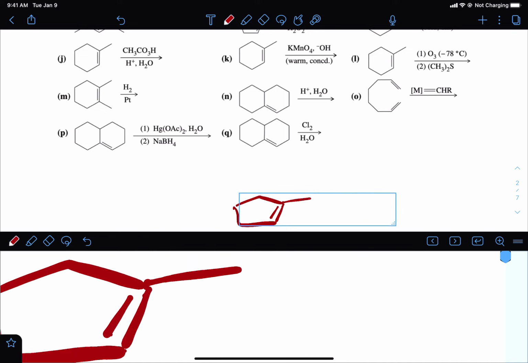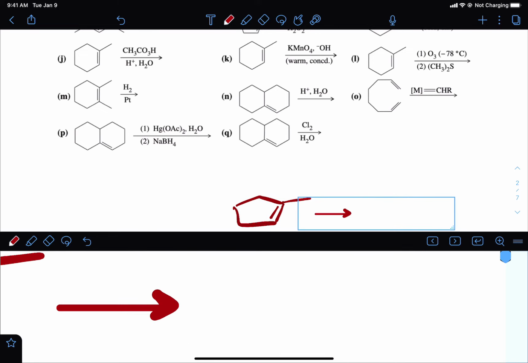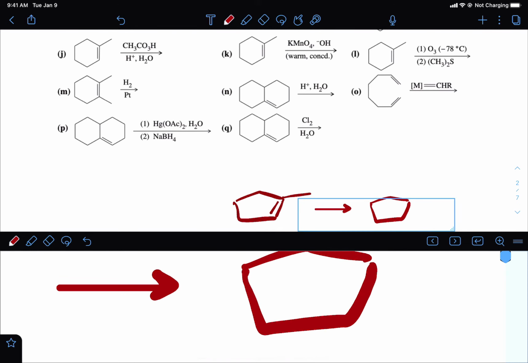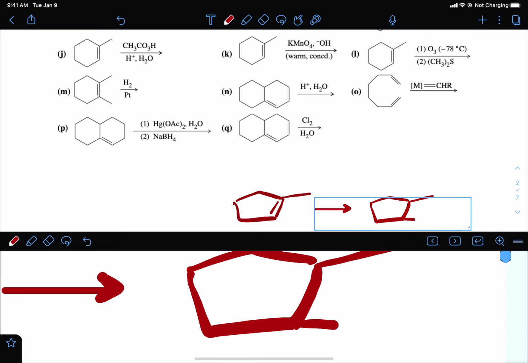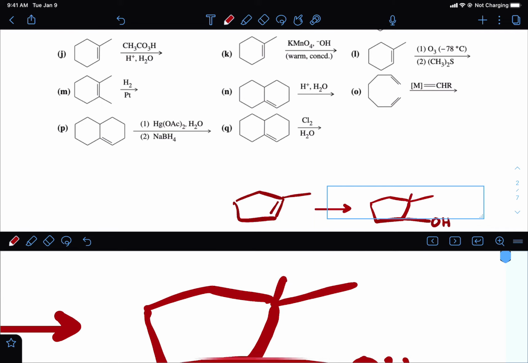There's our alkene. We're going to put the OH at the anti-Markovnikov position, which is there. Okay. The H goes onto the carbon with the fewer H's, right there.